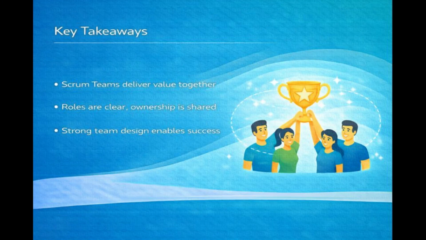To conclude, the Scrum team is the foundation of Scrum's success. By working as a small, cross-functional, and self-managing unit, the team shares ownership of outcomes and focuses on delivering real value every sprint.